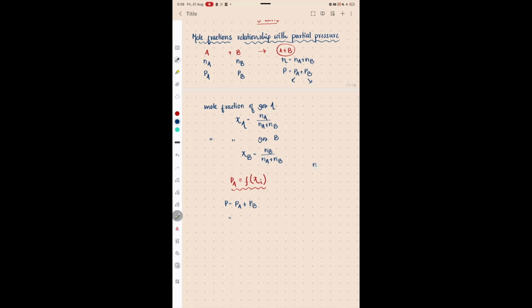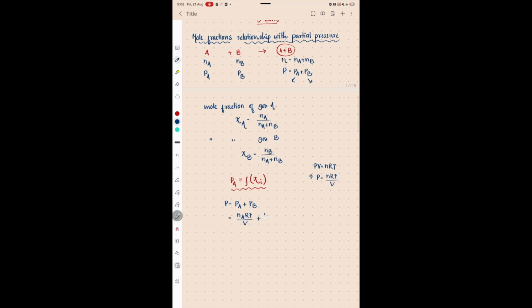Because we know that the equation of state is PV is equal to nRT, or P is equal to nRT by V. So for PA it will be Na RT upon V if T and V are constant.